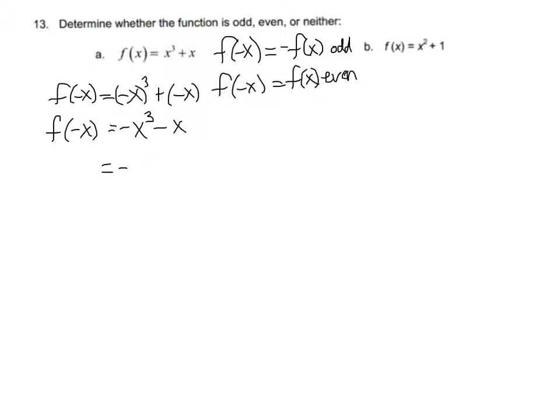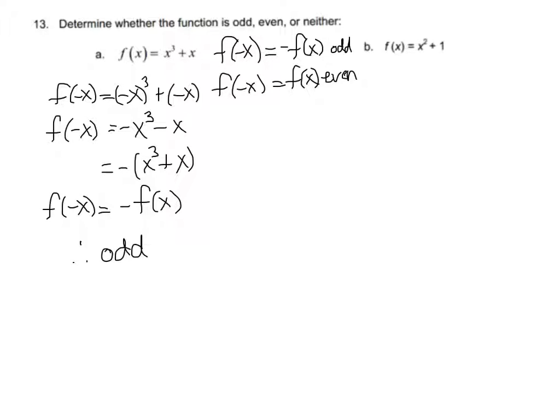I can then factor out a negative, and I'm left with x cubed plus x, which was my original f of x value. So I've actually shown generically that f of the opposite of x is equal to the opposite of f of x. Therefore, this is odd.